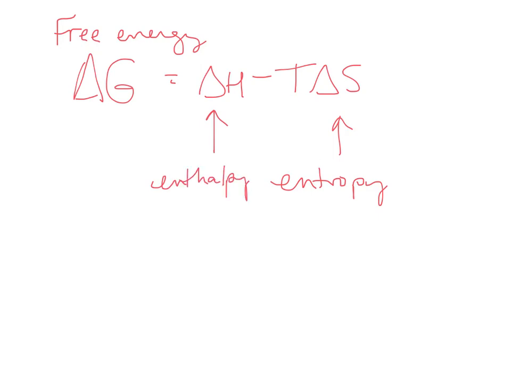and the other is enthalpy, delta H. And notice this entropy is really what drives all of biology. Entropy is disorder. So everything will go to disorder if you don't put energy into it.